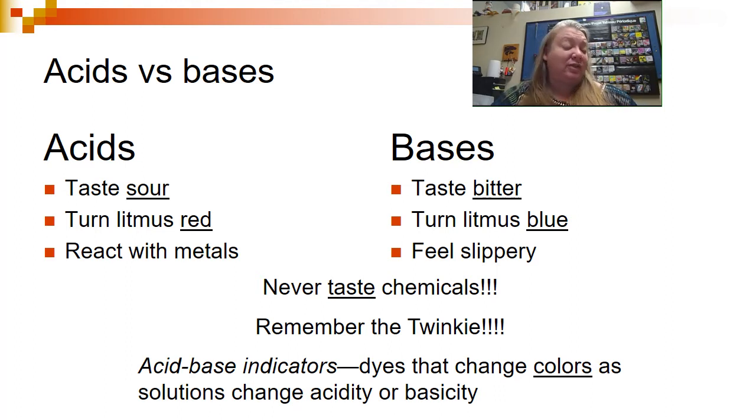If it's red, it's an acid, and if it's blue, it's a base, as we're going to learn. Depending on what type of indicator dye you get, they'll change at different pHs, and they also change different colors. Litmus is a very, very common one, so be familiar with litmus. Later in the chapter, we're going to talk about phenolphthalein. That's another good one to be really familiar with, but we'll get to that later.